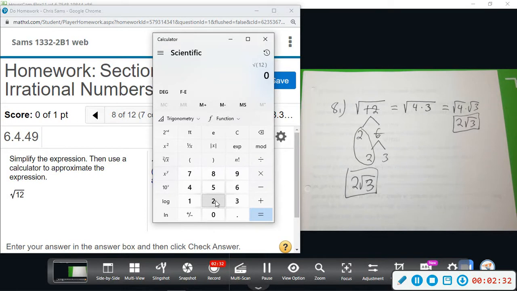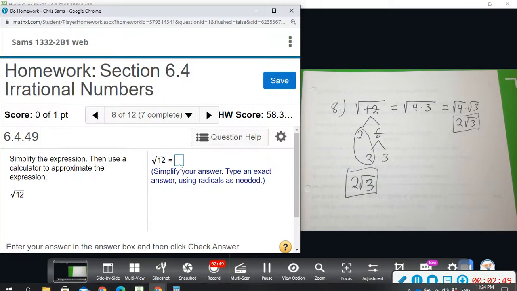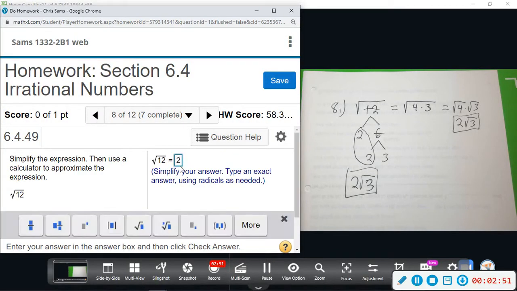Then I will type in 2 times the square root of 3, and you get 3.4641, the same decimal expansion. So that's one way you can use a calculator to see that you've simplified correctly.